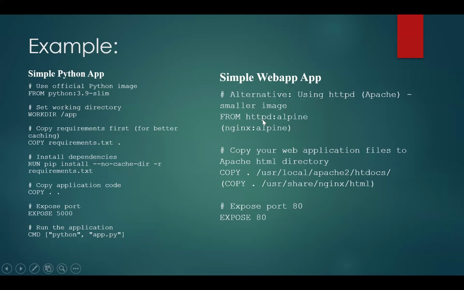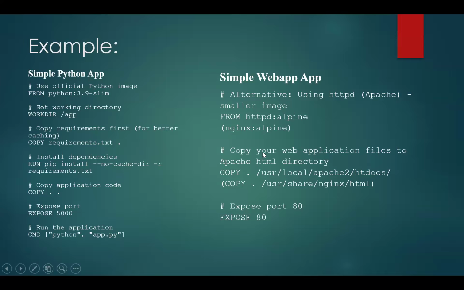Because suppose your application runs on Linux, so you should have a Linux image in your system. In that case, you will write Linux, or Ubuntu, whatever your application is compatible with.